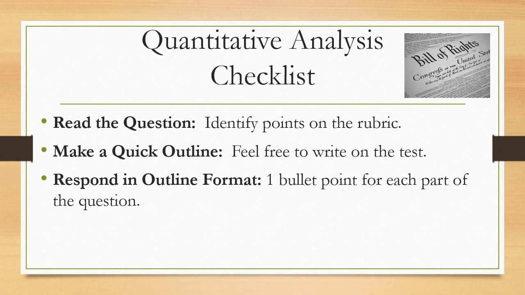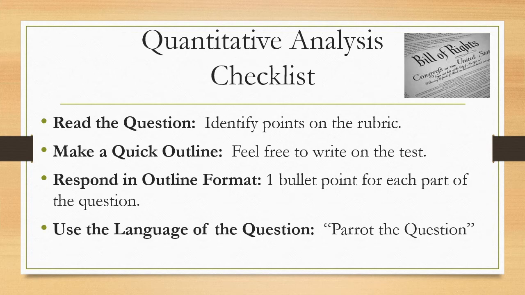Now here's one. This is a class requirement. Whenever you have not just the quantitative analysis FRQ, but any of the FRQs, you're required to respond in outline format. 1 bullet point for each part of the question. And in today's sample question, I will show you how that looks. You may have heard this in your other classes, but I want you to use the language of the question.